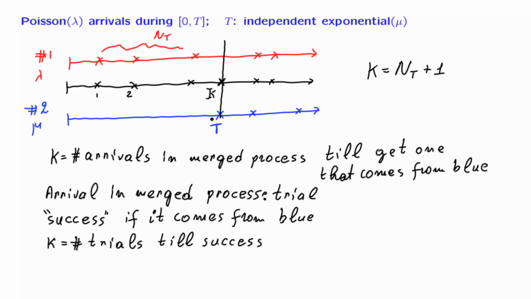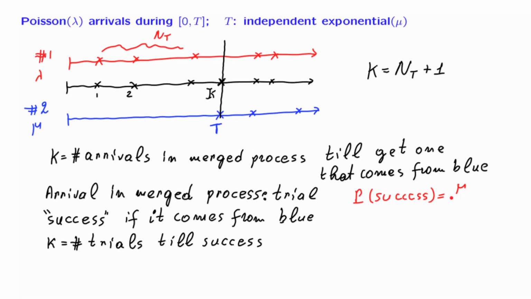So what do we know about those trials? What are their statistical properties? First, what is the probability of success? The probability of success is the probability that when you get an arrival in the merged process, it is coming from the blue process. And as we have seen, given an arrival in the merged process, the probability that it's coming from a particular process is proportional to the arrival rate of that process.